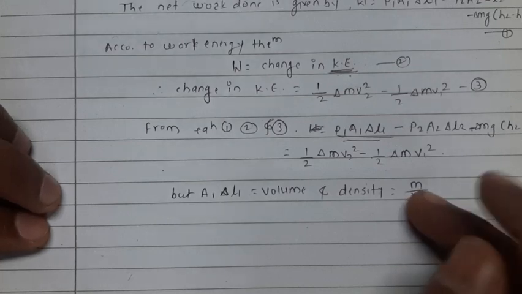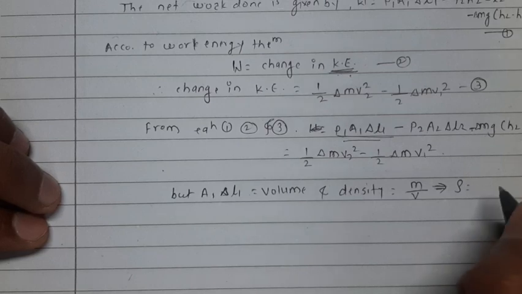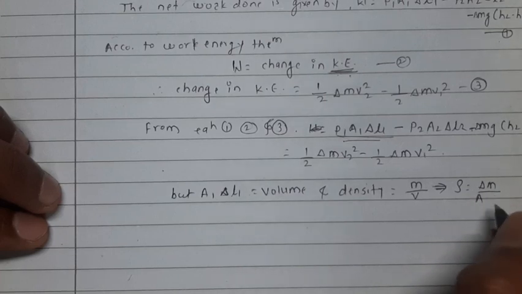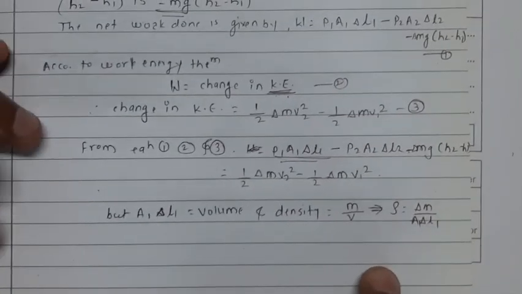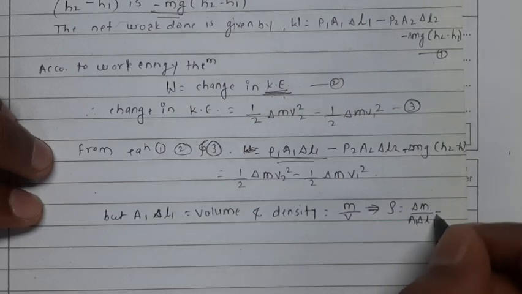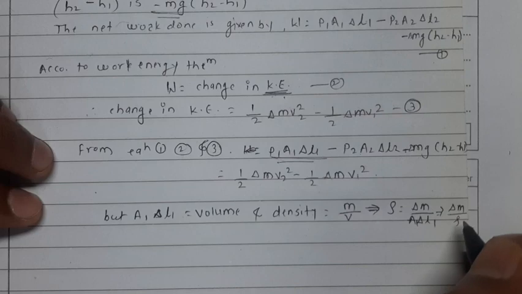The density symbol is rho, mass of the element is delta m divided by the volume of the element, which is A into delta L, or A1 into delta L1. So from this we can write delta m by rho is equal to A1 into delta L1.